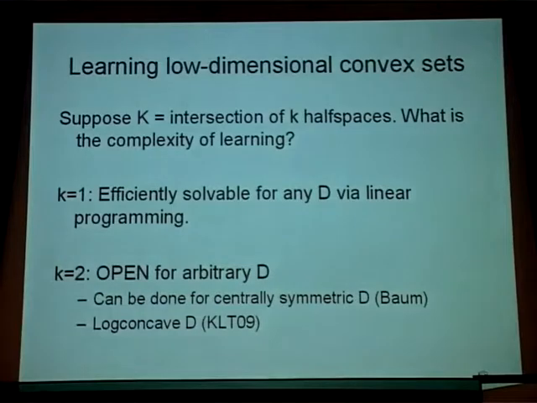Now, I think of these as low dimensional because all you need to describe the labeling function is, in the k equal to 1 case, you just need the normal vector. So you project to that vector, and you know whether you're above the threshold or below the threshold. Same thing for the 2 case, you just need to know the projections to the subspace spanned by those 2 normal vectors. So it's really a 2-dimensional labeling function.